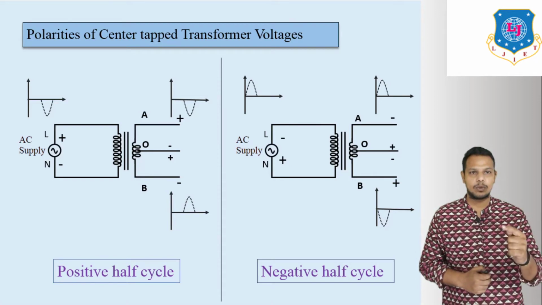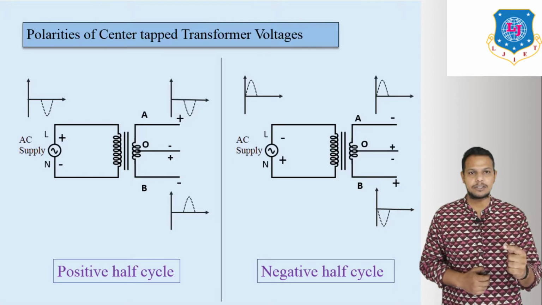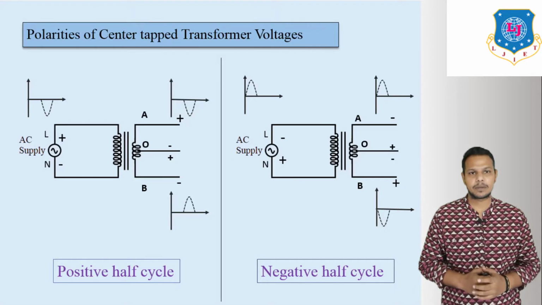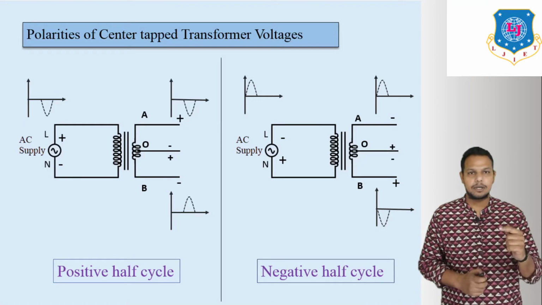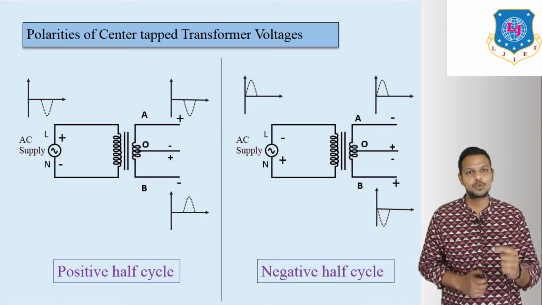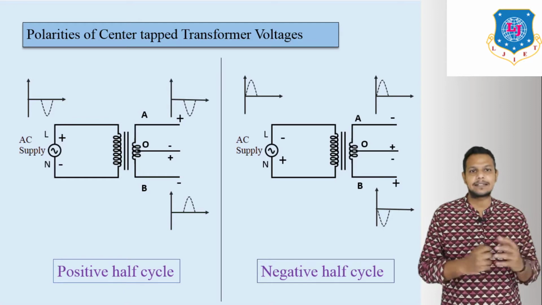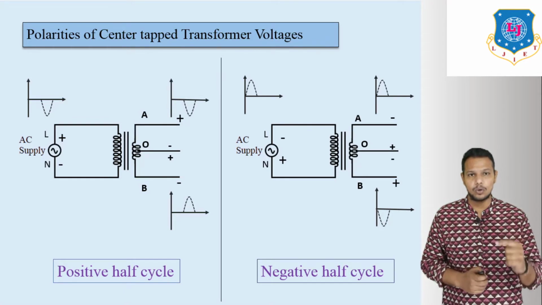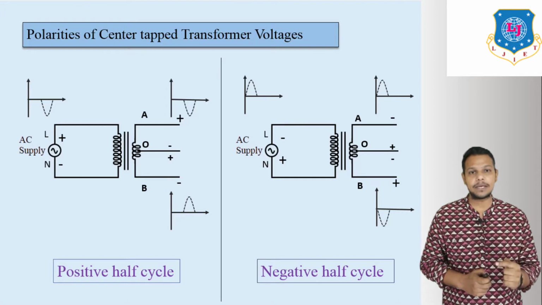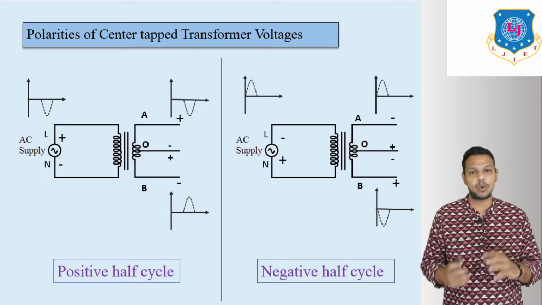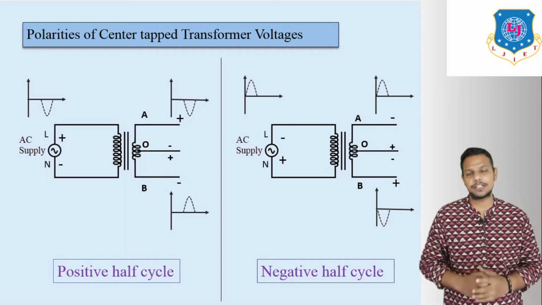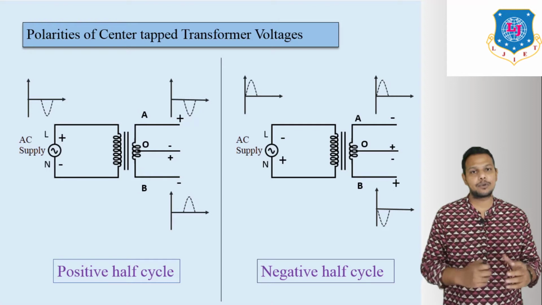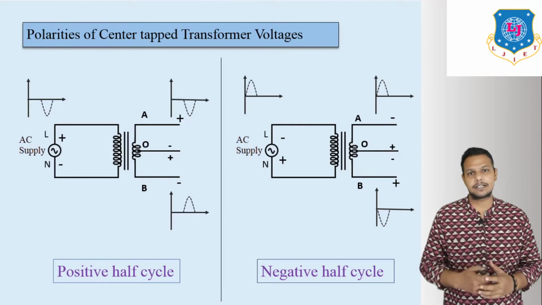Here one is point A, the center is O, and the lower point is B. We will get A to O and B to O voltages at the secondary side, but they have a 180-degree phase shift with each other. Remember this, the most important thing we are going to use in this circuit diagram.